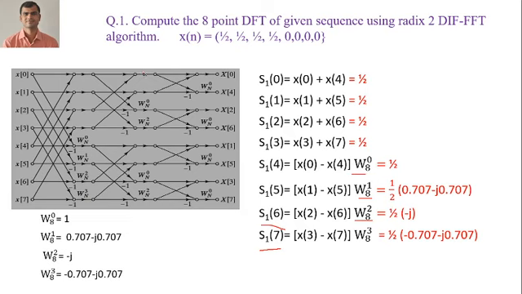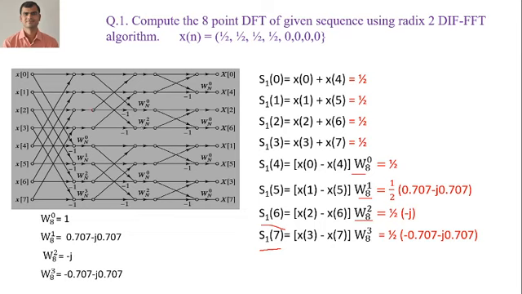Also here we have to find the output of stage 2. Here S2(0) is the addition of S1(0) plus S1(2). S2(1) is the addition of S1(1) plus S1(3). S2(2) is S1(0) minus S1(2), then we need to multiply with W_8^0.